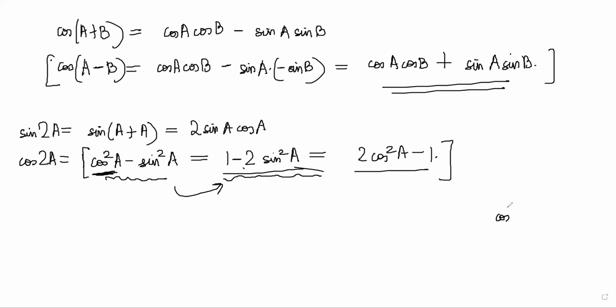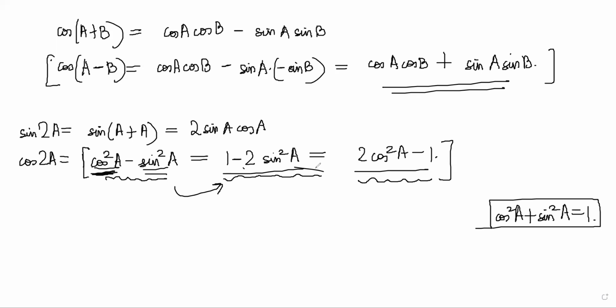You know that cos square A plus sin square A is 1, so you can replace cos square A with 1 minus sin square A. It becomes 1 minus sin square A minus sin square A. Similarly, I can write sin square A as 1 minus cos square A, so it becomes cos square A minus 1 plus cos square A, which is 2 cos square A minus 1.